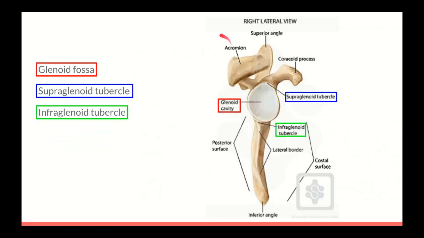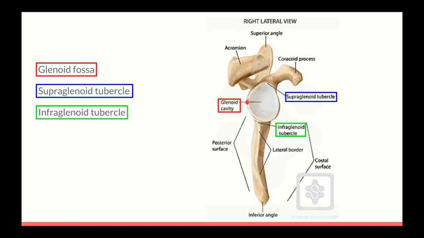Moving on, our last set of terms here is the glenoid fossa, or the glenoid cavity. This is going to be making up part of the glenohumeral joint, also known as the shoulder joint. That's the articulation point between the scapula and the humerus. You can imagine the head of the humerus resting in here really nicely.